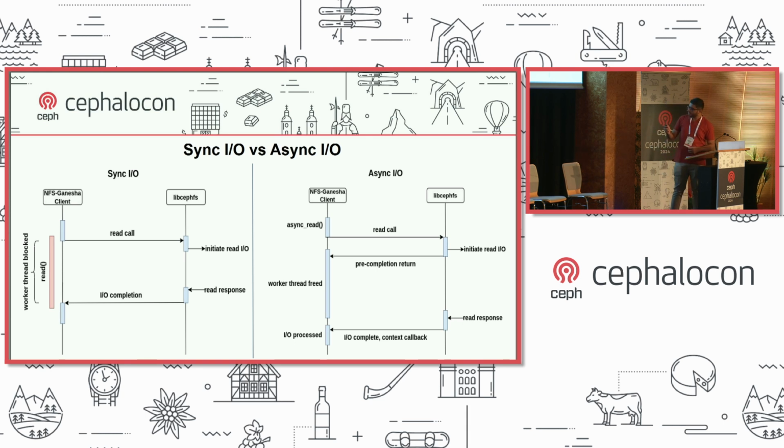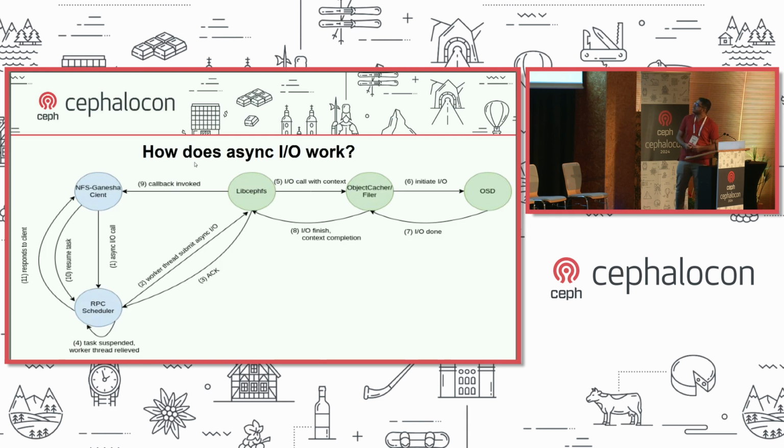Let's see how this is done in detail with this diagram. So as you can see, we have the NFS-Ganesha client, and it sends an async I/O call to the Libcephfs via the RPC scheduler. Now the RPC scheduler is the part of the NFS-Ganesha client code which is a scheduling mechanism for the NFS-Ganesha client. It spawns a thread.